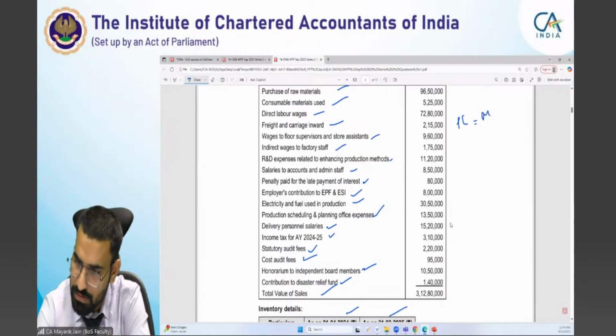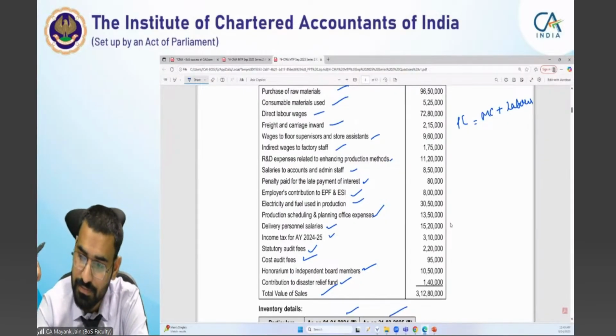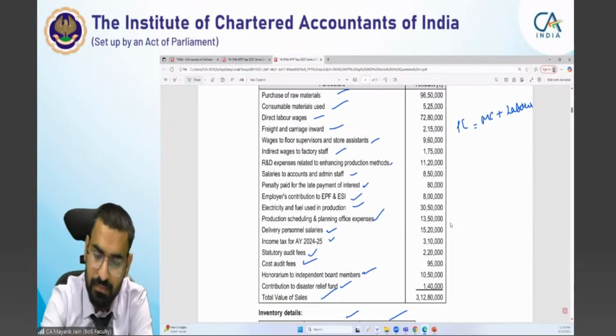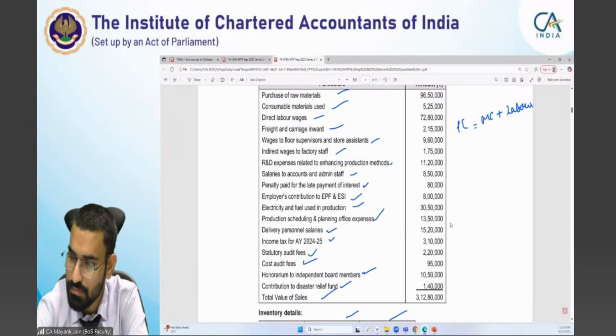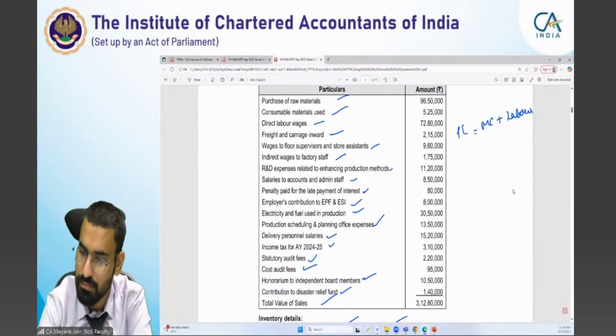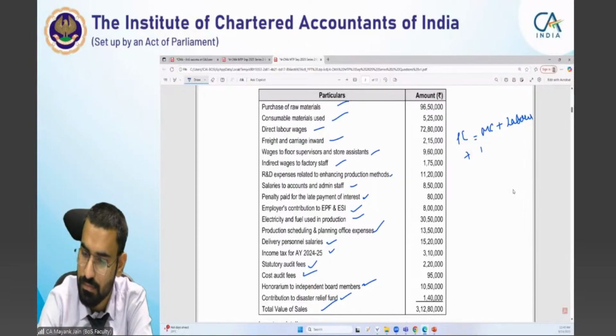Material cost plus labor and और क्या इंक्लूड होता है इसमें? डायरेक्ट एक्सपेंसेस.